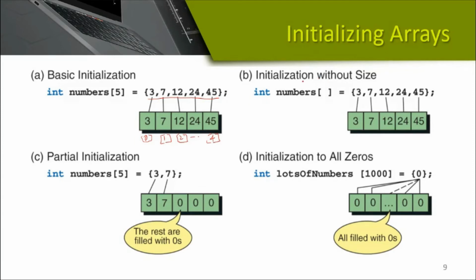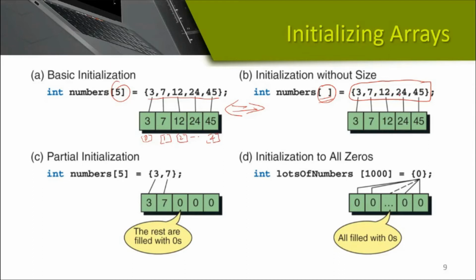And then another initialization is without any size. Even if you are not giving any size here, if you have only 5 elements within the braces, then the size of the array will be taken as 5 only. So these two things are similar, with the 5 as well as without the 5. The square bracket without any number is possible only when you are initializing it.